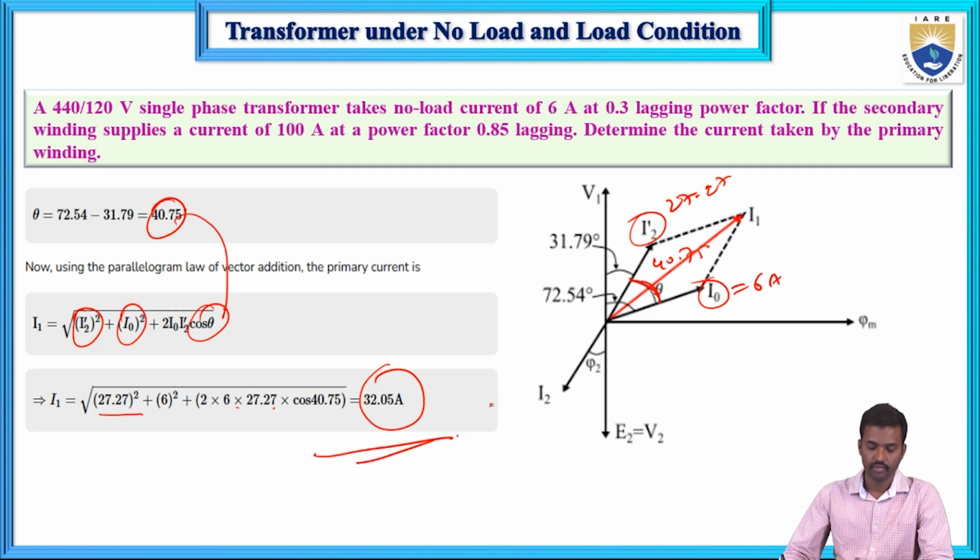So the current taken by the primary winding is 32.05 amperes.